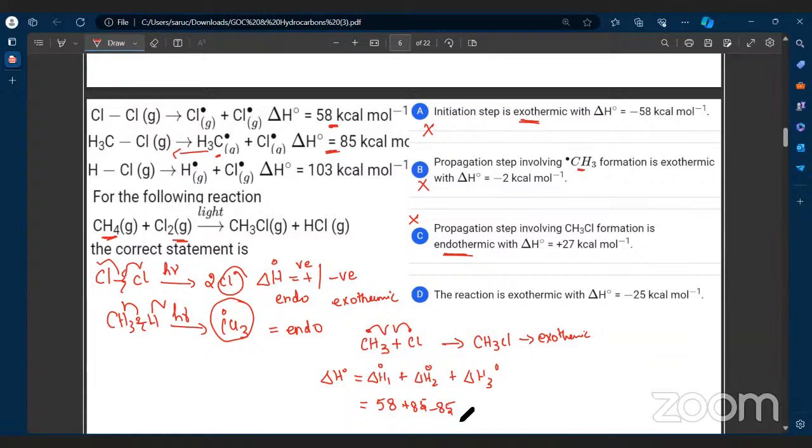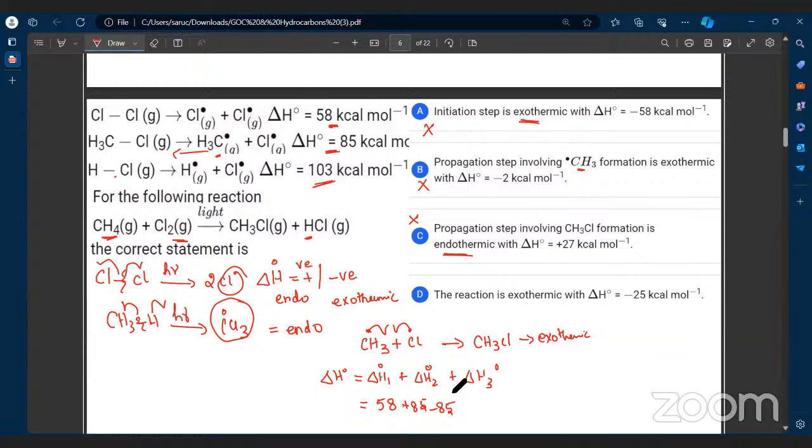And the formation of CH3Cl we have done. Then the formation of HCl: on breaking, it gives 103, so for the formation it should be minus 103.